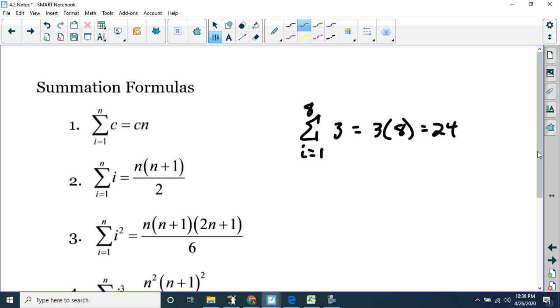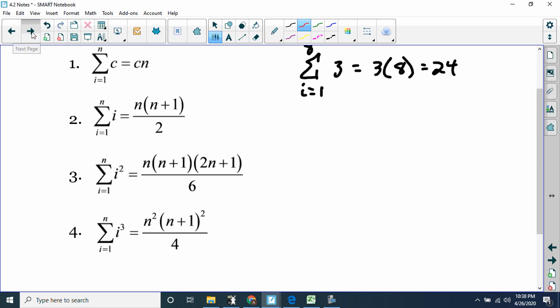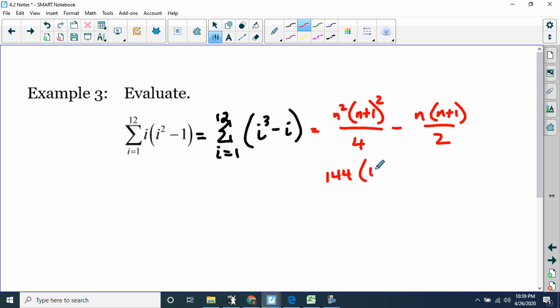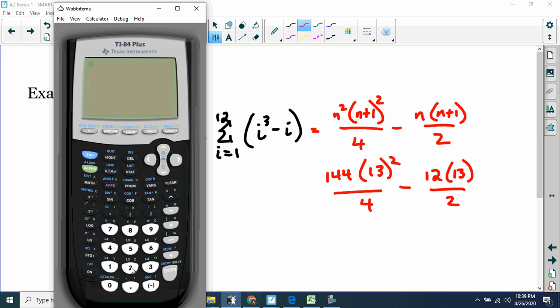The rule for i cubed is n squared times n plus 1 squared over 4. So we've got n squared times n plus 1 all squared all over 4. And then we've got minus i, the i rule, n plus 1 over 2. n is 12, so plug in 12. And type that into your calculator, hopefully correctly this time.